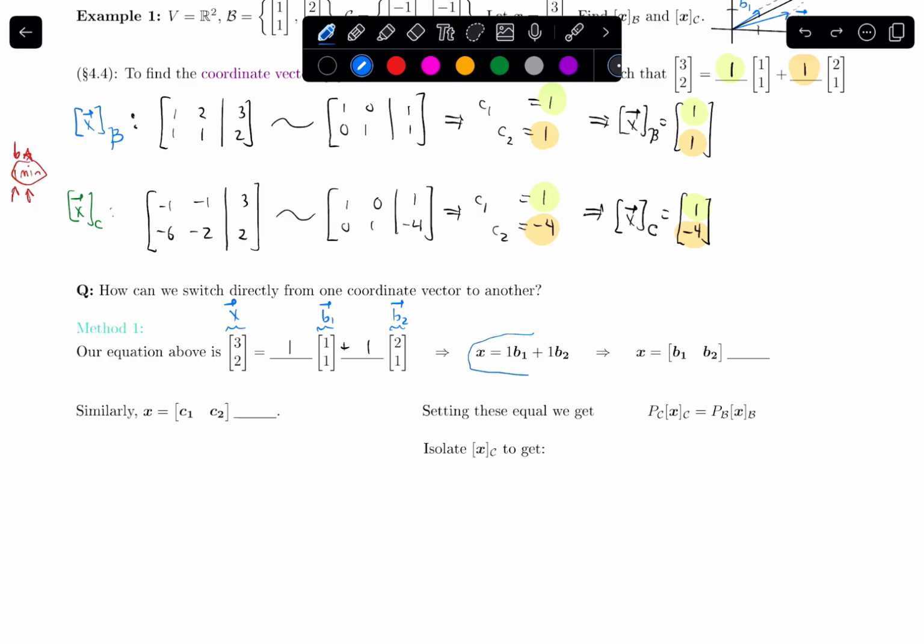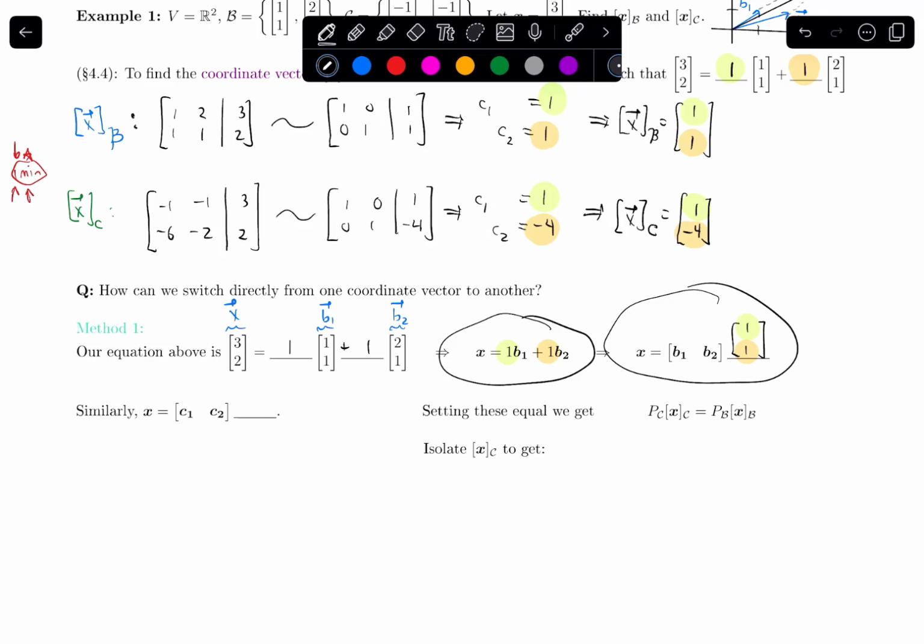And when I have an equation written like this in vector form, I can rewrite it in matrix form. So this right-hand side, I can rewrite as a matrix where I put these vectors b1 and b2 as the columns, and it gets multiplied by a vector whose entries are the weights of this linear combination. Those weights were 1 and 1, so it's going to multiply the vector 1, 1. Writing this equation in vector form is the same thing as expressing it in this matrix form.